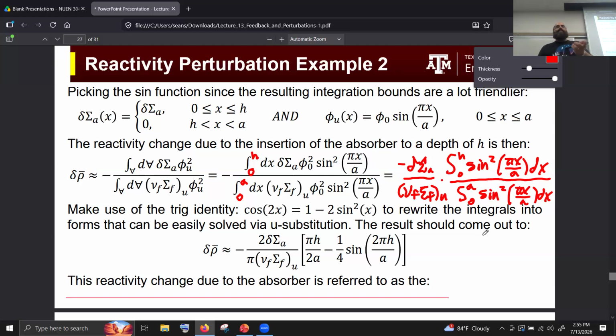When we talk about a reactivity change due to adding a control rod into our system, the reactivity change due to the absorber is referred to as the absorber's worth.